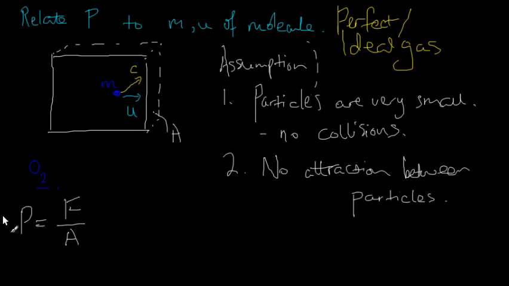let me write that now. Newton's second law says that the rate of change in momentum is equal to the force, or is proportional to the force. And rate of change of momentum means change in momentum divided by time.